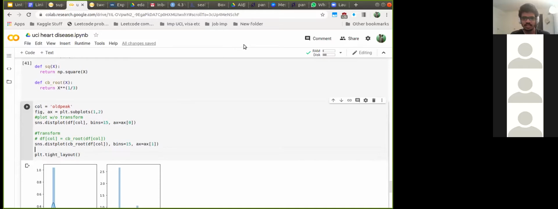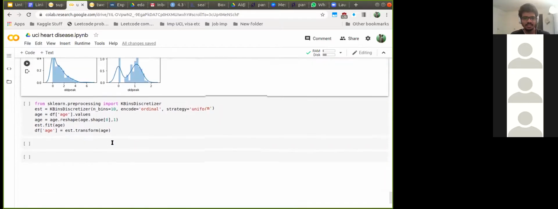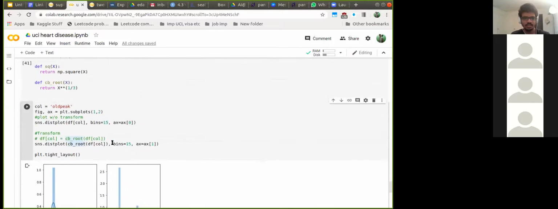That would be an interesting thing to work on. I've written starter code for this one feature, and you could try other features if you're following along. I would really encourage you to follow along and try other features.